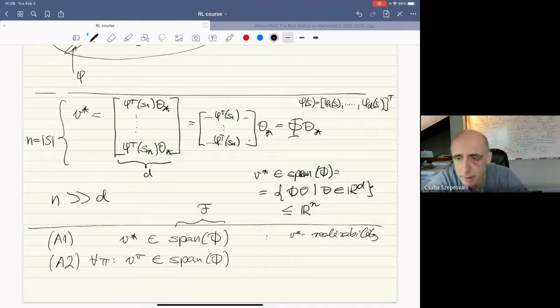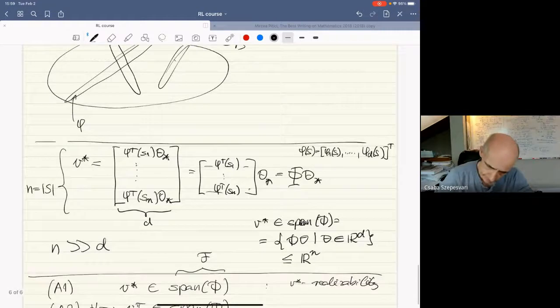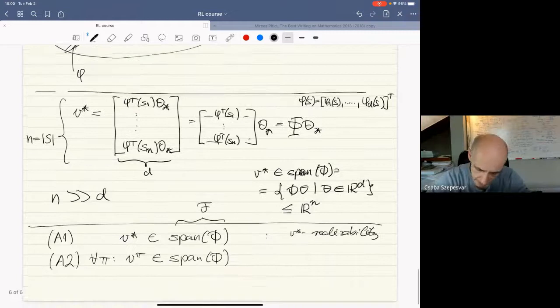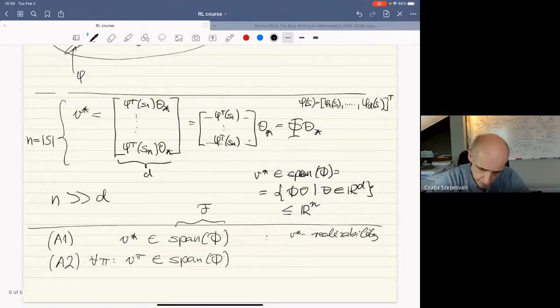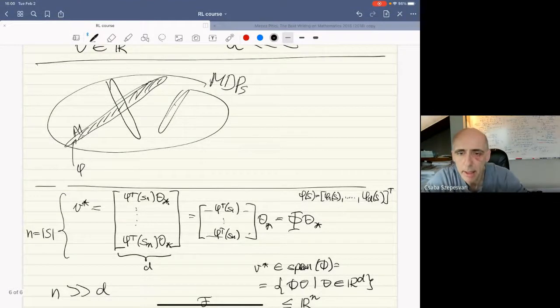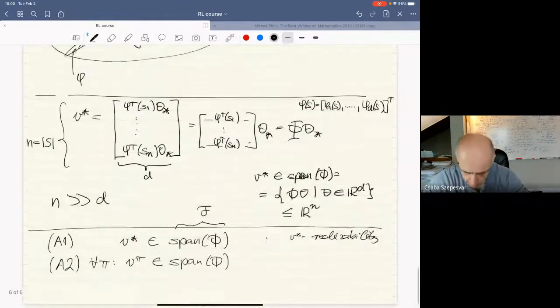Which assumption is stronger? Which restricts the set of MDPs that we can talk about? So you fix this phi, and so this is the set of MDPs where A1 holds. For the same set of features, is the set bigger or smaller if I consider A2?